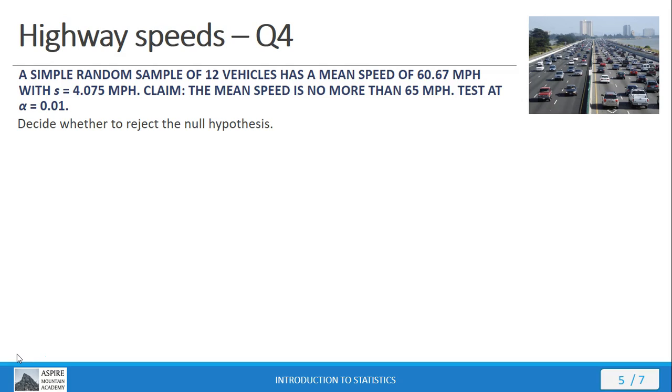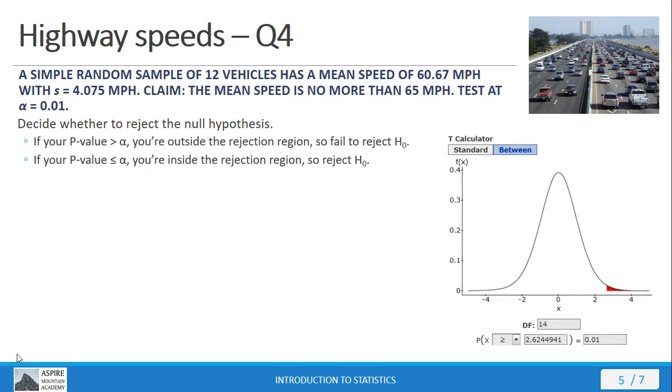Okay, let's see how well you did with this. So, rejecting the null hypothesis or failing to reject the null hypothesis? Which way do we go? Well, if we use the p-value, we're going to be comparing it with our critical value region, which we see right here, our alpha level 1%. So there's our critical region, the region of rejection, and we're going to compare the p-value with that.